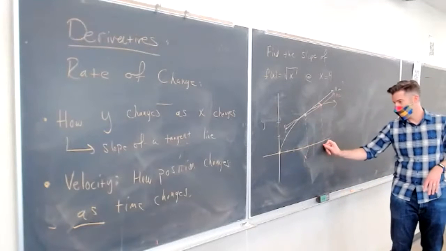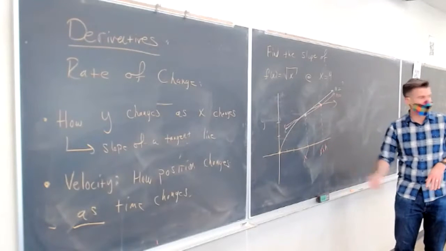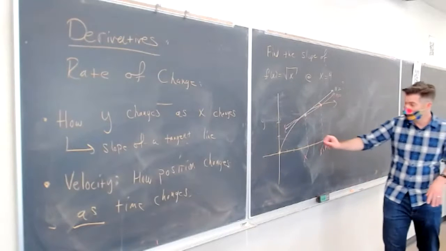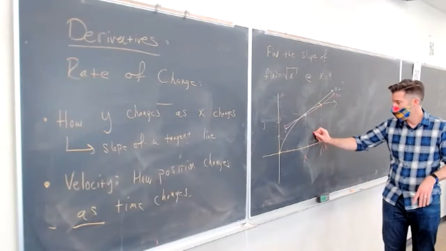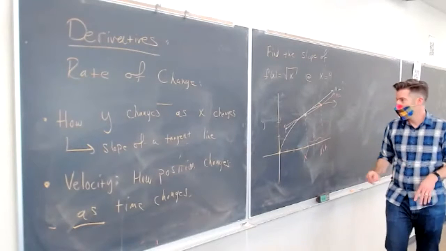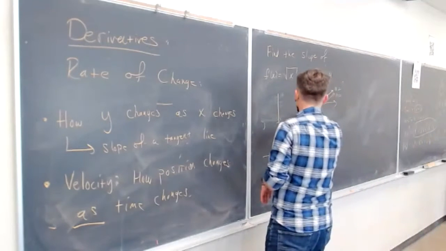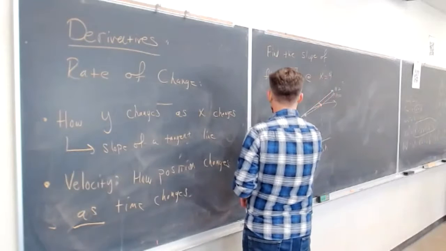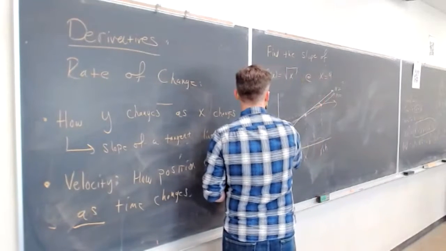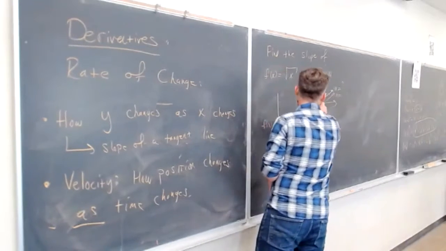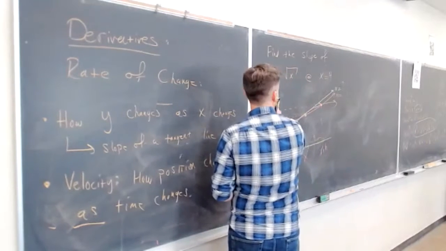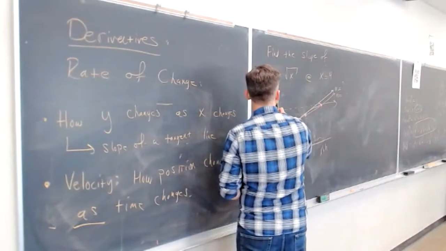And this here is going to be x plus h. The difference is h. And the difference in the y values is, that's going to be f of x, and f of x plus h.